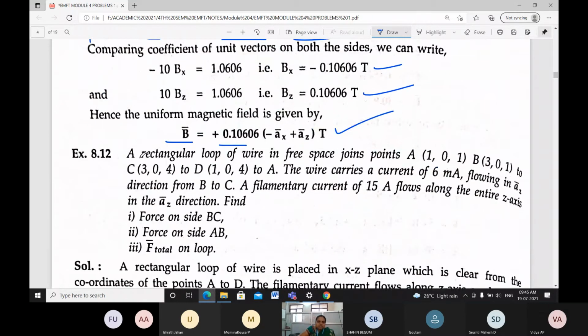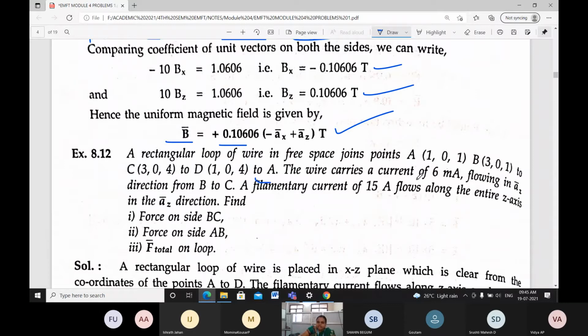Next problem is a rectangular loop of wire in free space. The point A is 1,0,1 and B is 3,0,1, C is 3,0,4 and D is 1,0,4.